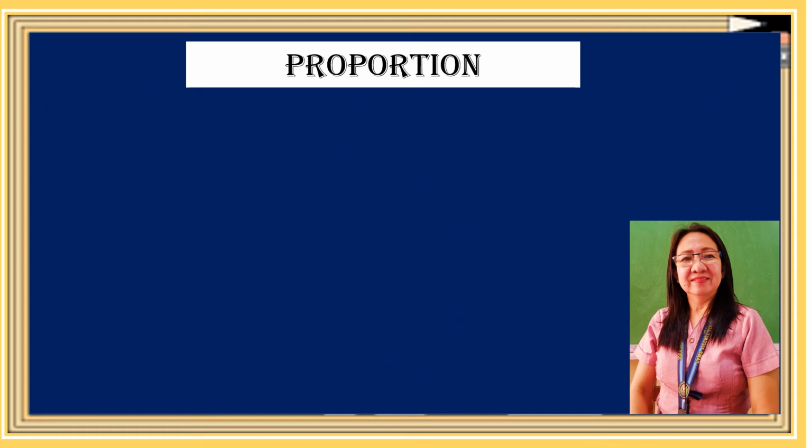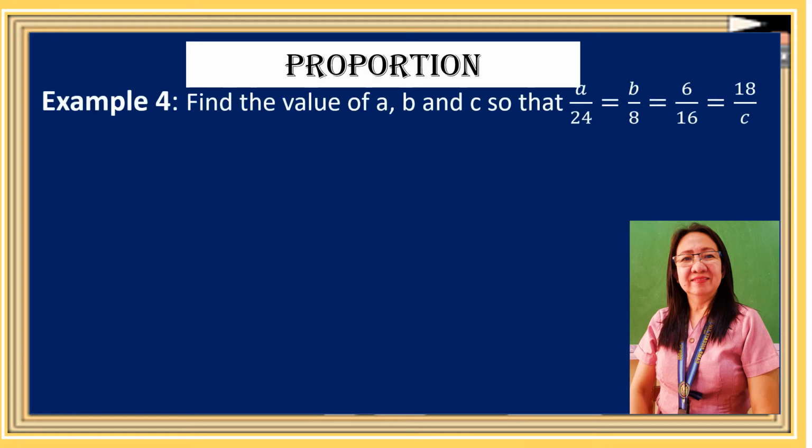Now observe our example number 4. We have to find the value of A, B, and C in the proportion A is to 24 is equal to B is to 8 is equal to 6 is to 16 is equal to 18 is to C. Now to solve for the missing value, you have to look for a complete ratio, which is 6 is to 16. This ratio will help us to find the missing variable.